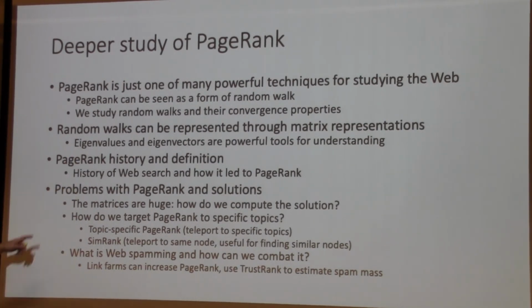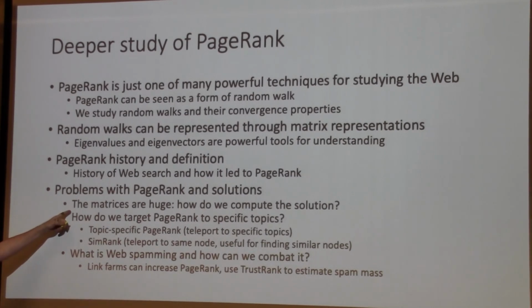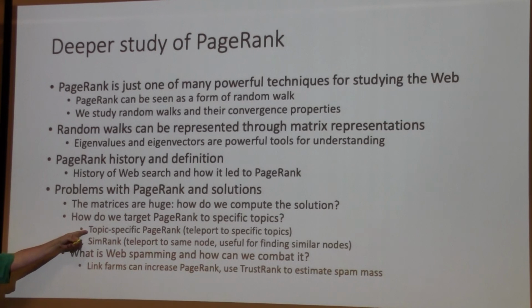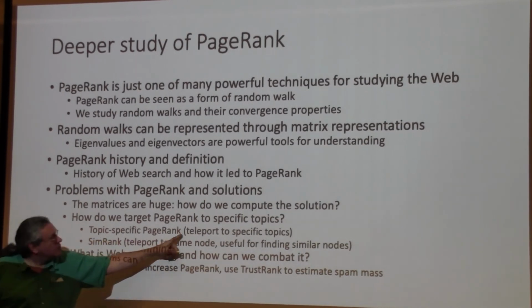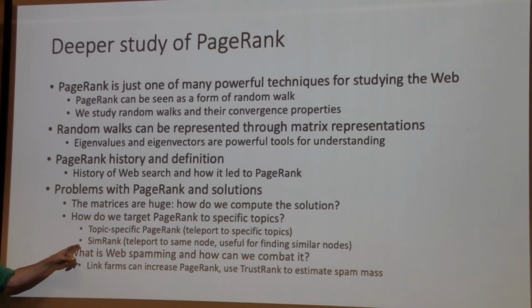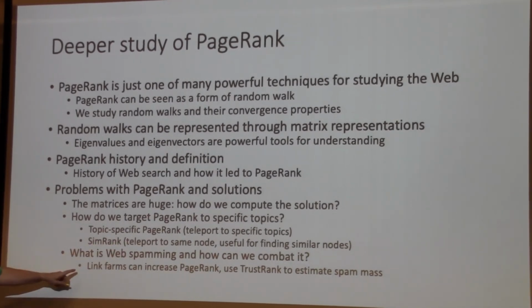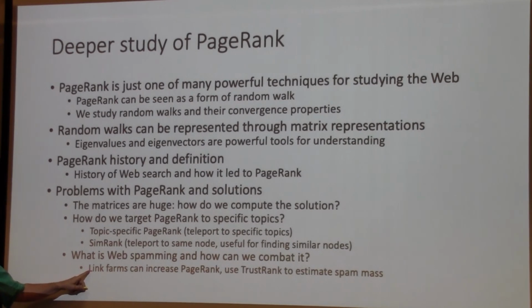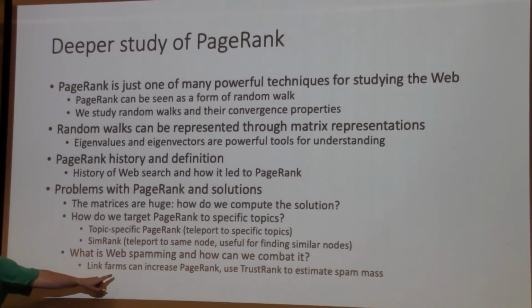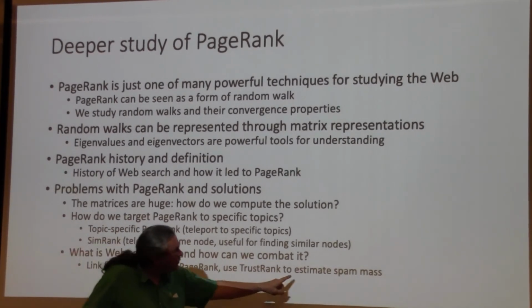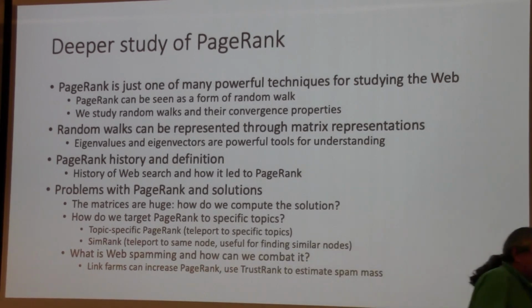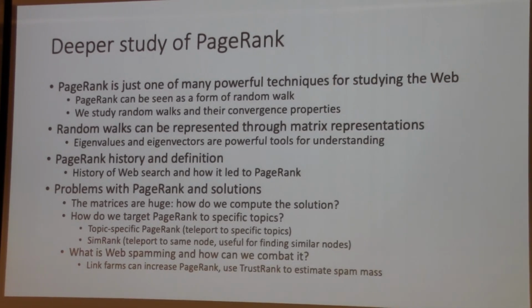Then I explained PageRank, the history of the web, and the problems with PageRank, first of all what happens because of the big matrices, how you target PageRank with teleporting to specific topics, how you use PageRank for similarity, and finally, how you do link farms to cheat, and again, how you use teleport from trusted pages to estimate the spam mass so you can find the cheaters.